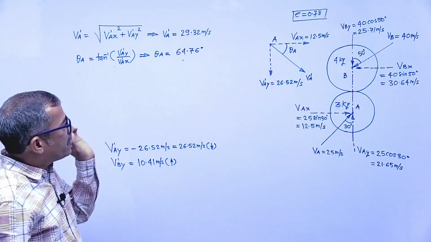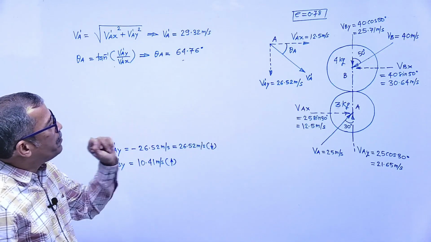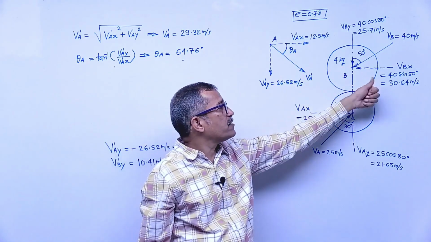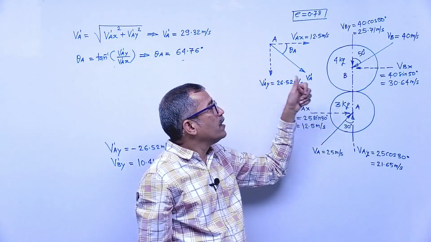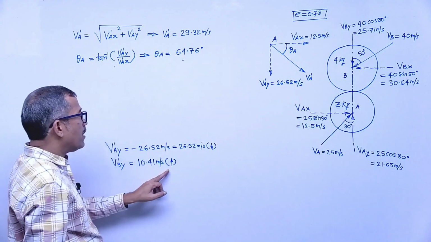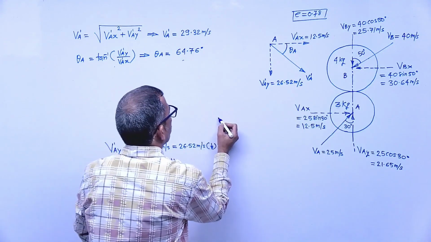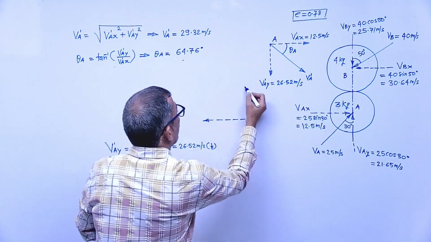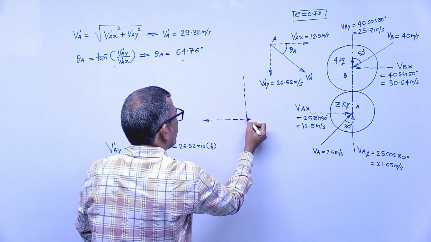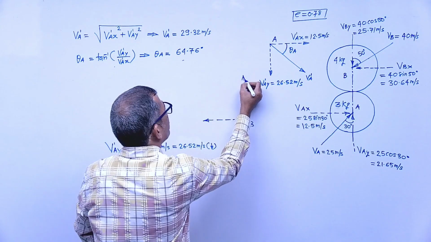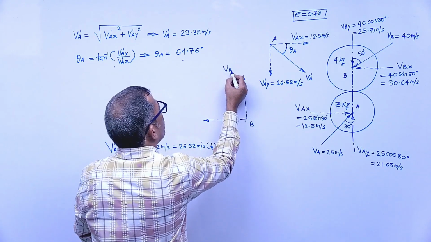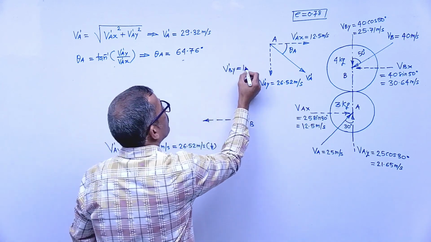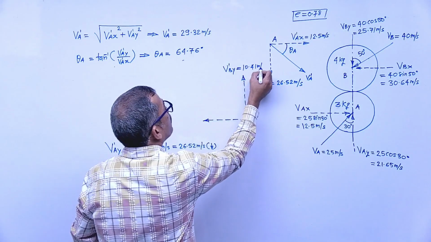Now next is body B. Horizontal component remains the same, means VB dash x is what? VBx, leftward, and VB dash y you are getting upward. Leftward and upward. I'll represent it here for body B. This is VB dash y equal to 10.41 meters per second.